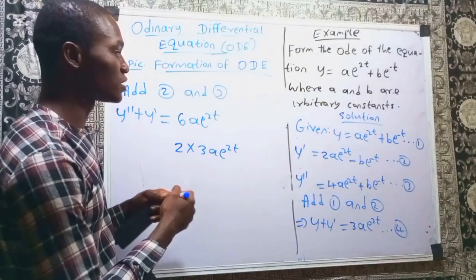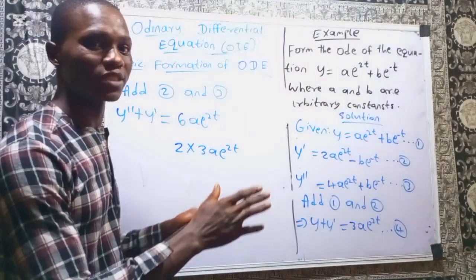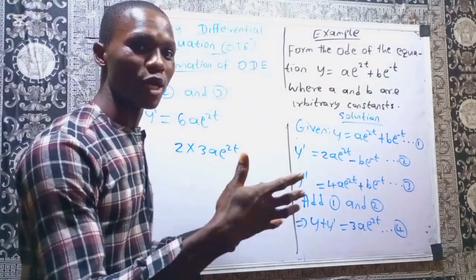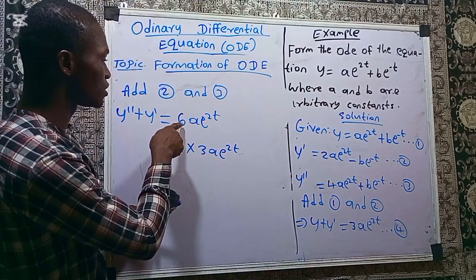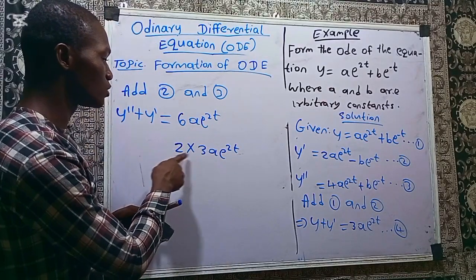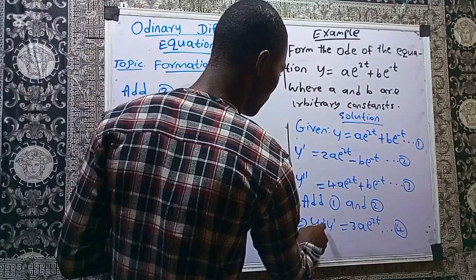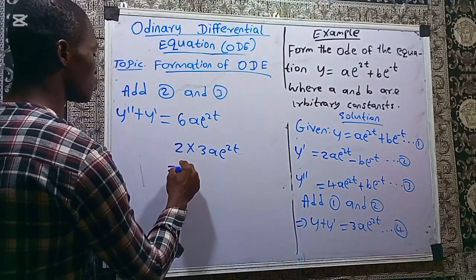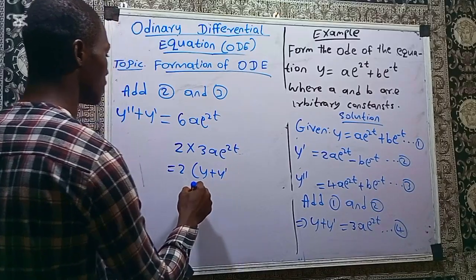Remember our results now, after differentiating, I told you write your results in terms of the dependent variable and its derivative. That's what we are trying to do now. Now 6a exponential 2t is the same thing as 2 times 3a exponential 2t. But 3a exponential 2t is y plus y prime. So this will be equal to 2 multiplying y plus y prime, right?